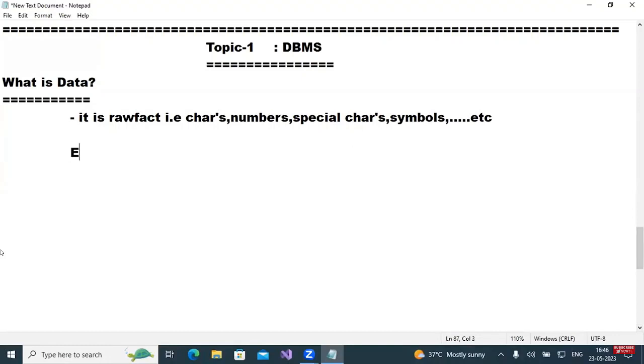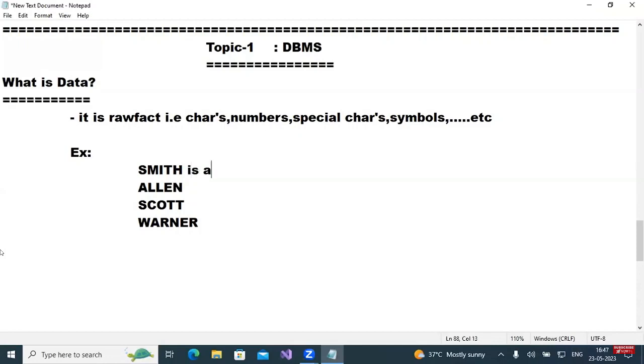Now I'm going to write some names in my text file: Smith, Allen, Scott, Warner. Whatever names you write, these are exactly data, not information.